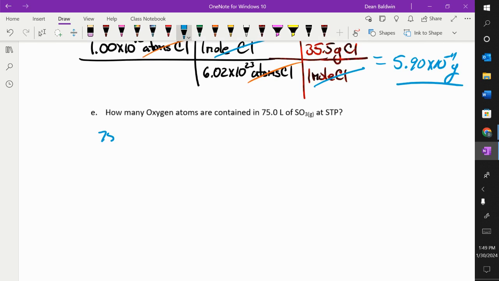We have 75.0 liters of sulfur trioxide. Do I want liters? I want what? You want moles. And it's a gas. Little g symbol there. So there's 22.4 liters of SO3 in 1 mole of SO3.